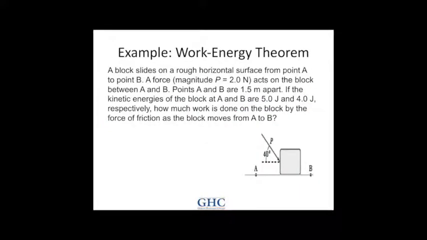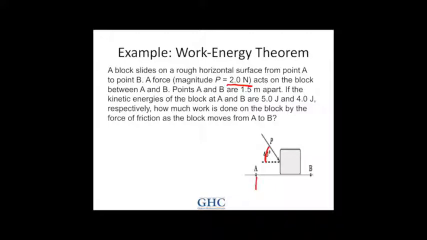Okay. Let's study one more example of the work energy theorem. You have a block, initially at location A, pushed by a force to location B. The force is 2 Newtons and has an angle of 40 degrees with the horizontal direction.